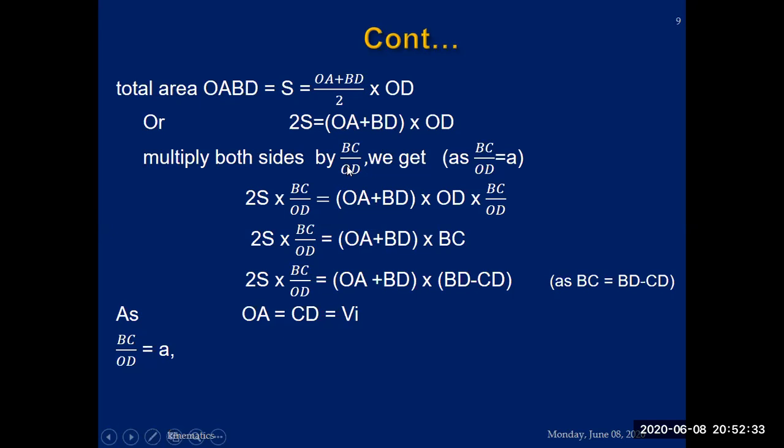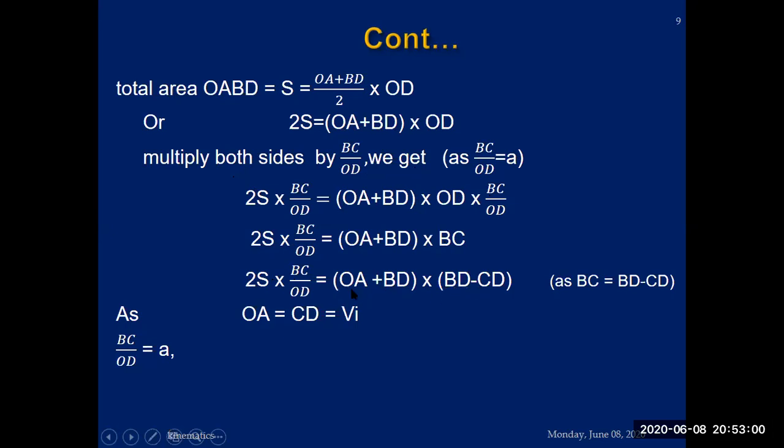BC by OD. Again, BC over OD is equal to acceleration. You have multiplied here with the same term and on the other side as well to get the acceleration. After putting the values, 2S multiplied by BC divided by OD is equal to (OA plus BD) multiplied by (BD minus CD).